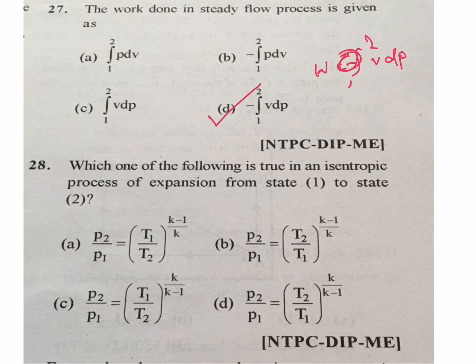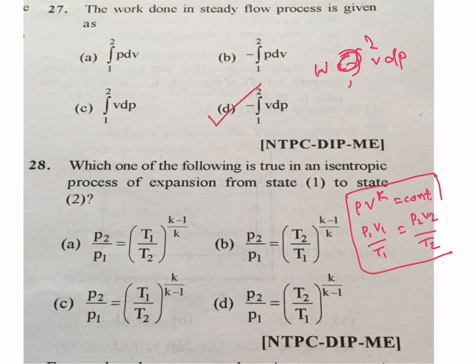Next question, which one of the following is true in an isentropic process of expansion from state 1 to state 2? Isentropic process, PV to the power gamma is equal to constant. Here they are writing PV to the power k equal to constant. And one more equation is there, the general gas equation, P1 V1 by T1 equal to P2 V2 by T2.